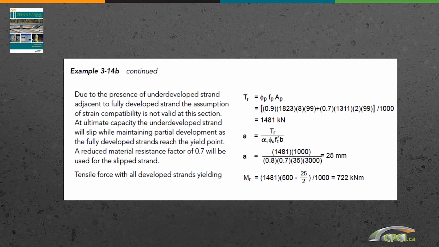We ended up with this value here, in kilonewtons, calculate A, and from A we calculate the total M sub R for that particular section, which is definitely less than the value that we had with all the strands bonded from end to end.